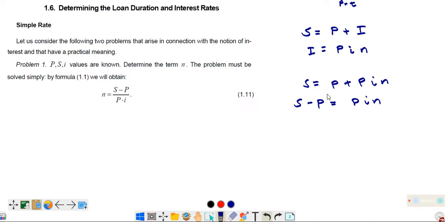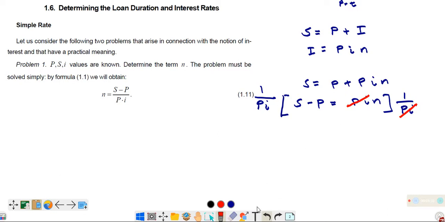Next, we have to get rid of P and I. How are we supposed to do that? We're going to employ the multiplication property of equality by multiplying both sides by 1 over PI. We know that P times I over P times I is equal to 1, right?